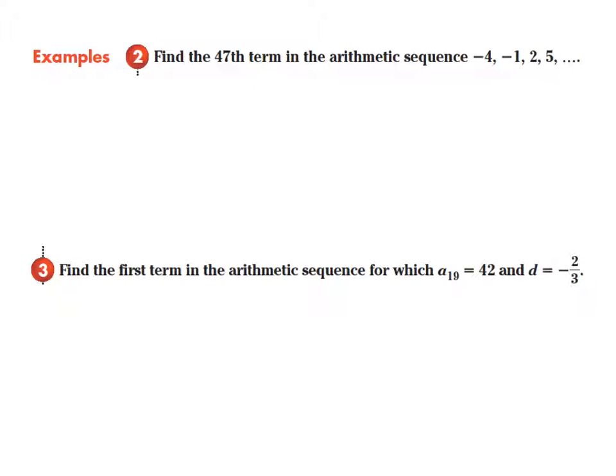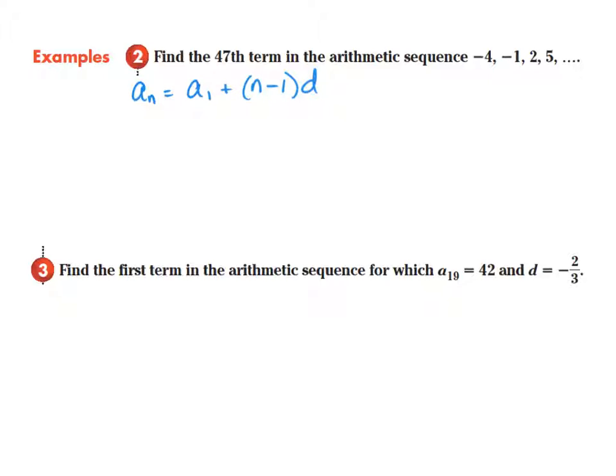So find the 47th term in the arithmetic sequence. I'll write the formula down first. A sub n is equal to A1 plus n minus 1 times D, right? What is our n in this case? That's the number of the term that we're looking for.